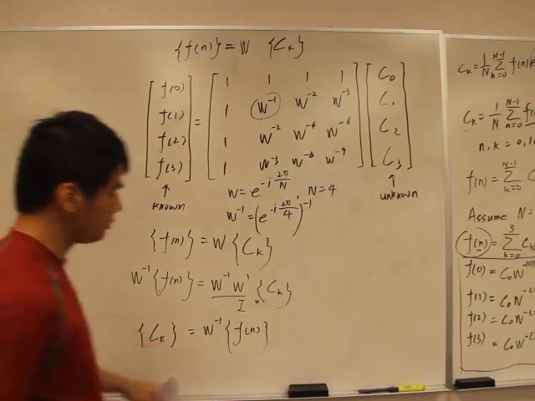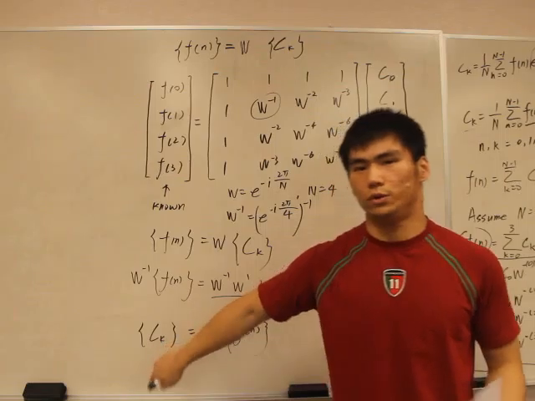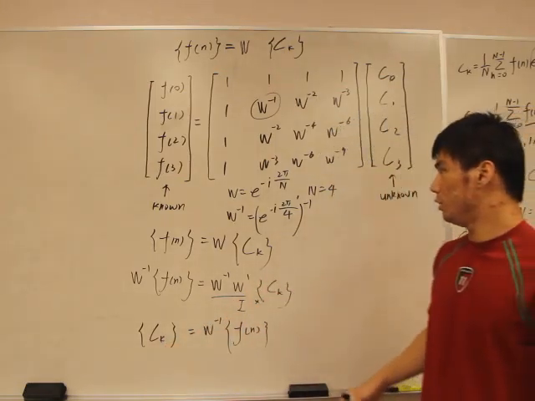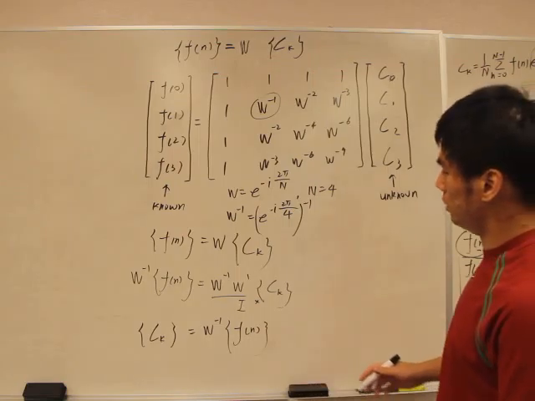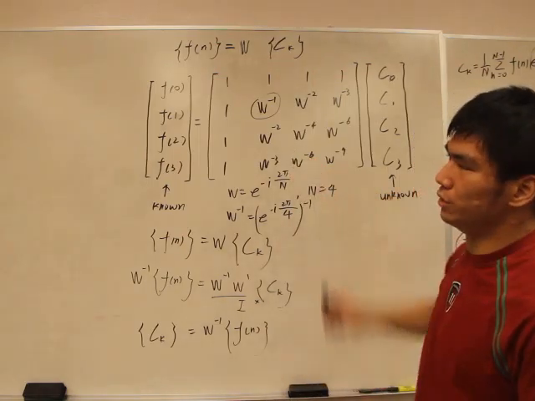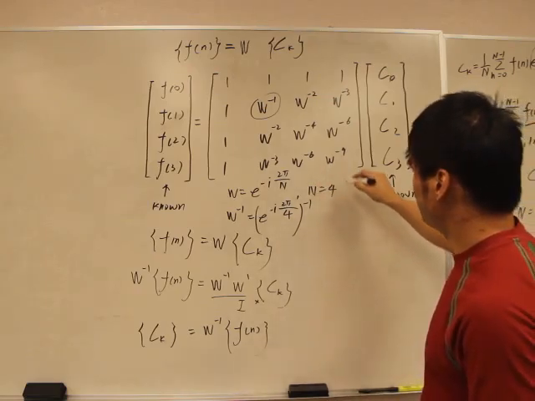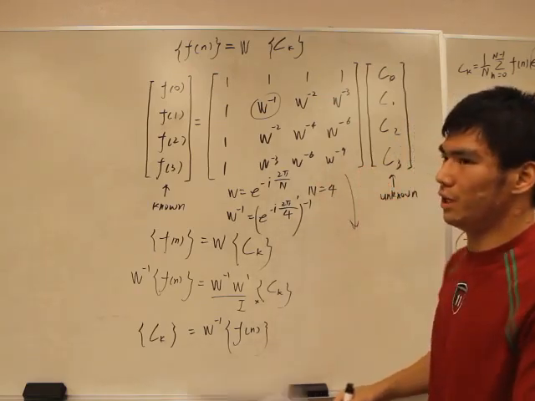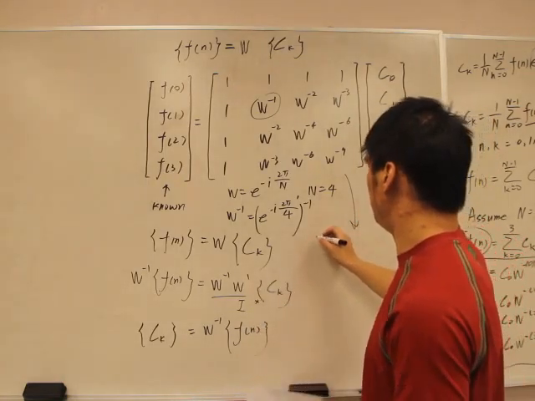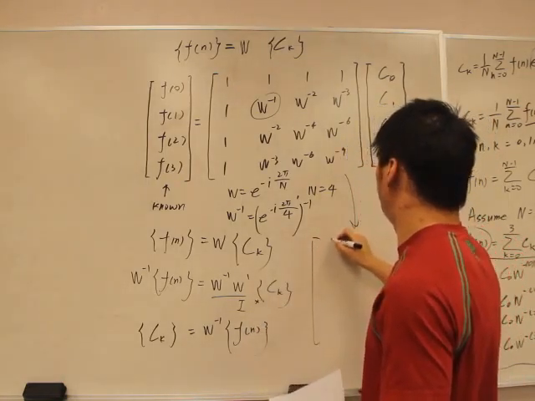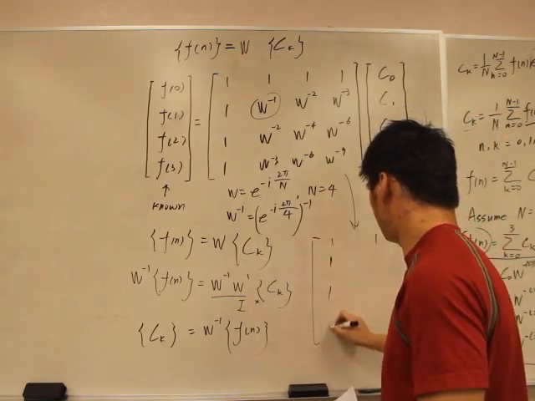Now here, this is the coefficient for a discrete Fourier transform. So if we look at it, we have to find the inverse of this matrix. We can do it by hand, but it's going to take a while. If you put it in the calculator, since we know all the values, it turns out to be 1, 1, 1, 1, 1, 1, 1.